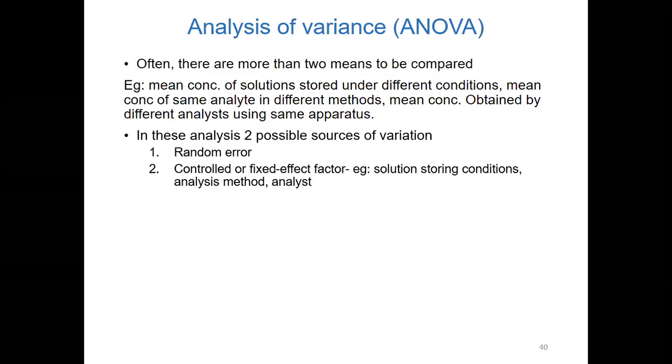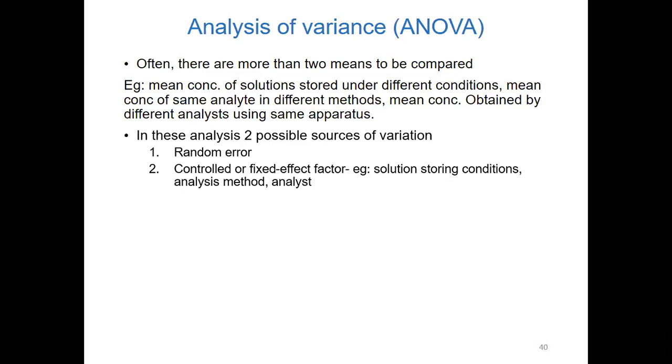When we store samples in different conditions, the real measurements we get from sample to sample can change because of that storage condition. That is a fixed value or fixed error. We call it a controlled or fixed effect factor.